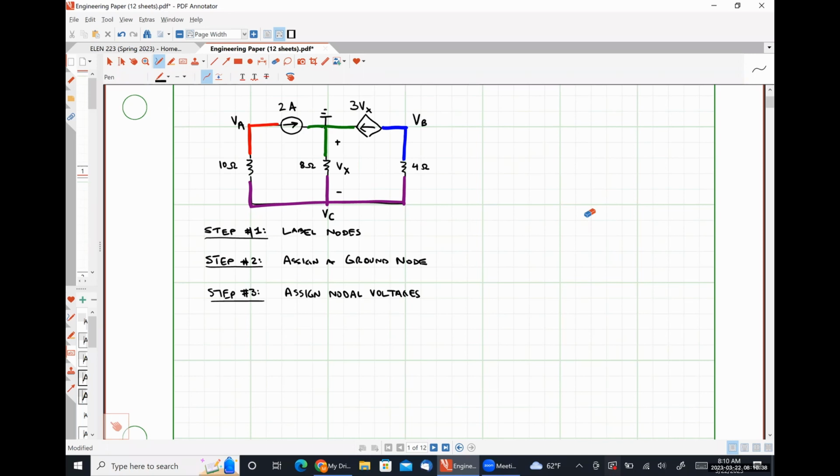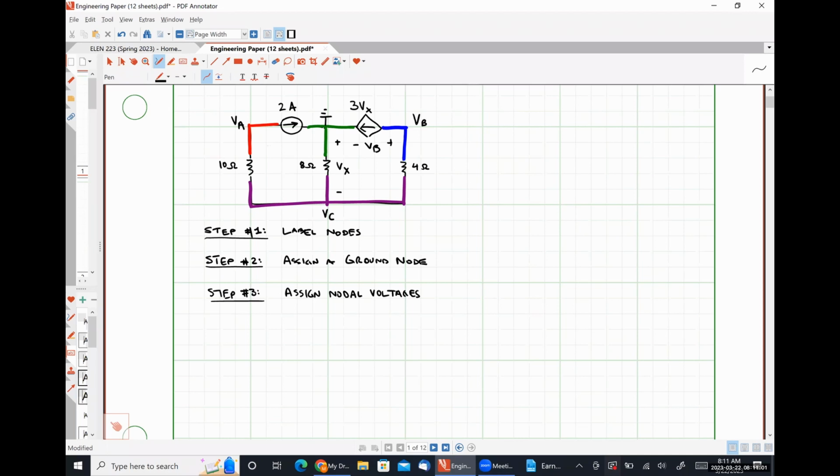So this VA is the exact same thing as if we had written this voltage as VA, with the positive polarity terminal at node A and the negative polarity terminal at ground. Similarly, this is what the nodal voltage VB represents.